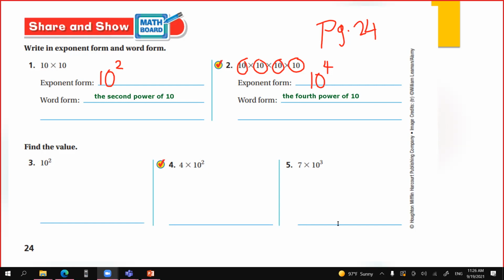Here, first of all, 10 to the power 2 means how many times is 10 repeated? Okay, I will go to Isra. Haneen. Yes, Haneen. 10 to the power 2. What does it mean? How many times is number 10 repeated?